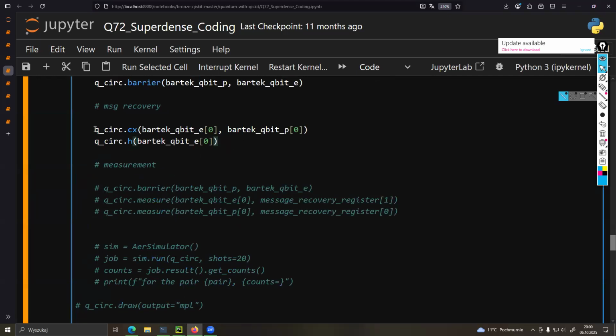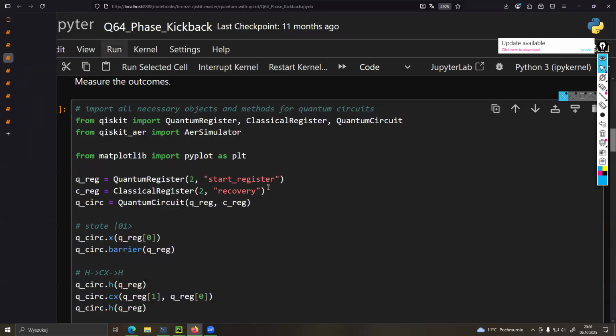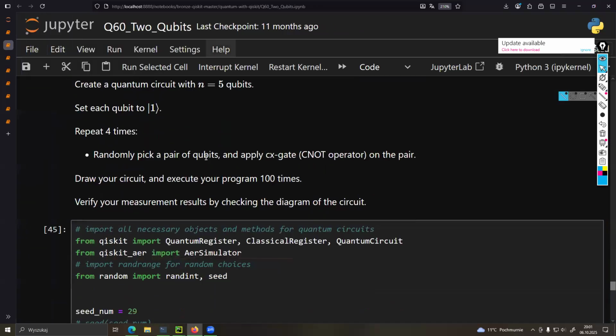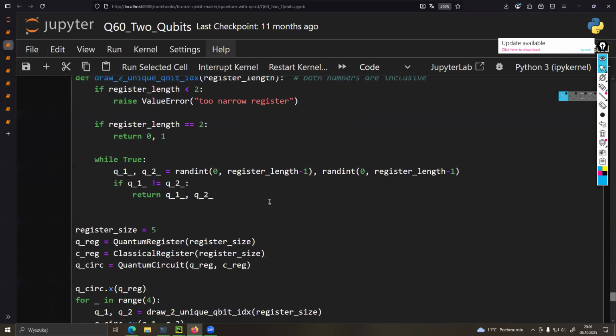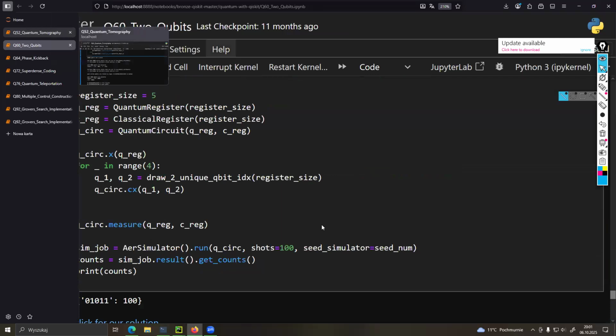remove this measurement and then do a simulator here that isn't really the simulator from the Aer simulator. Wait, where is this?